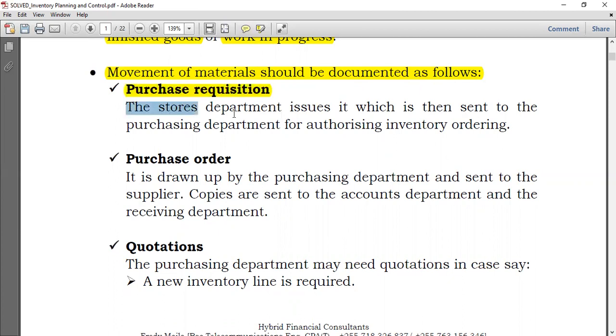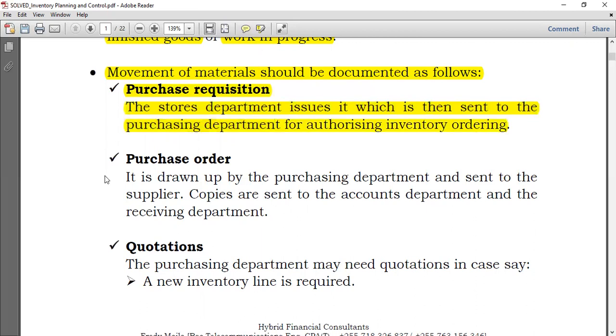The stores department issues it, because the store is the one which knows that these materials are not available, so we need them. It is then sent to the purchasing department. The store department alerts the purchasing department of the need to purchase materials, and the purchasing department authorizes that inventory is ordered. So that's the first point, the purchase requisition, right?